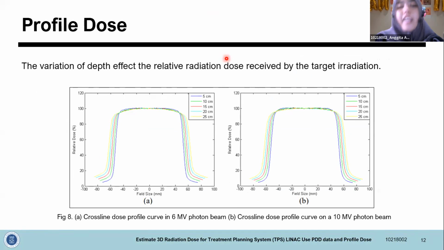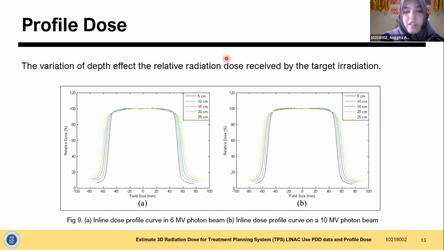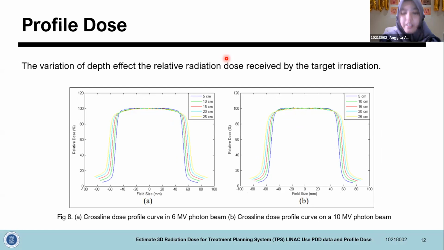Okay, thank you for the question. Basically, slide number 12 and 13 just show two figures or two curves with different axes. There's the inline and the cross-line curve. And in this research, we use three axes: inline, cross-line, and depth, where the y-axis is inline, the x-axis is cross-line, and the depth is the z-axis.